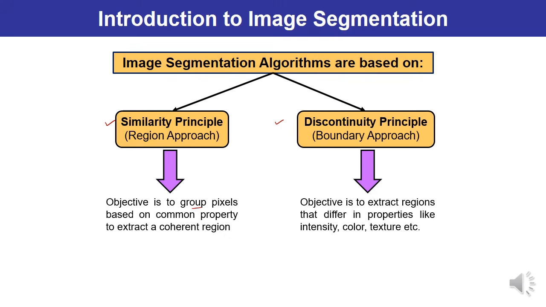In the discontinuity principle, the objective is to extract regions that differ in properties like intensity, color, and texture. As in the example of the ball, there will be a variation in the intensity of the pixels. It means abrupt changes in intensity among the regions give us the extraction of the edges. Basically, there are two approaches: the similarity principle and the discontinuity principle.